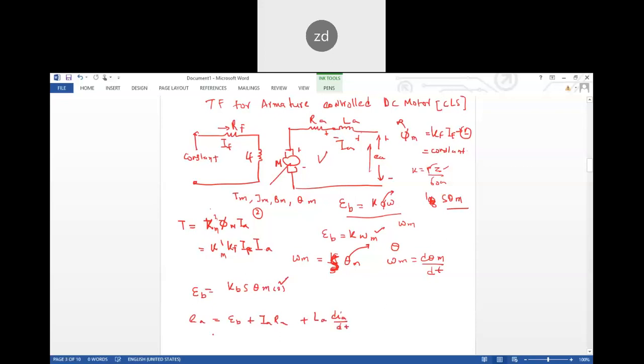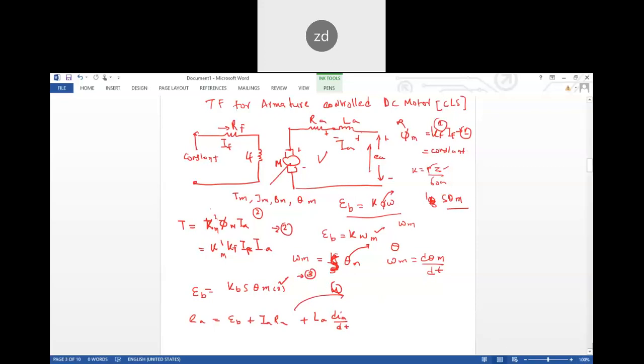So from this equation, let this be 1, let this be 2, let this be 3, and let this be 4. So you write the Laplace domain equation for this. Let me write it on the next page.